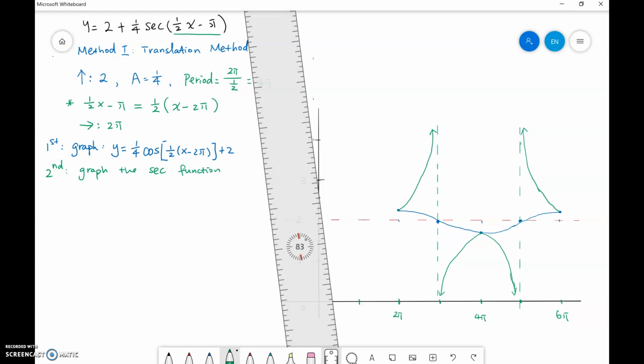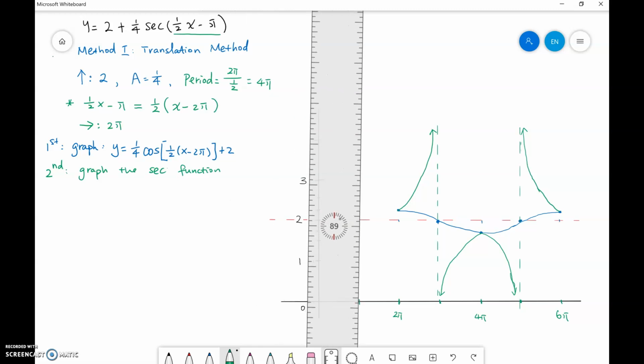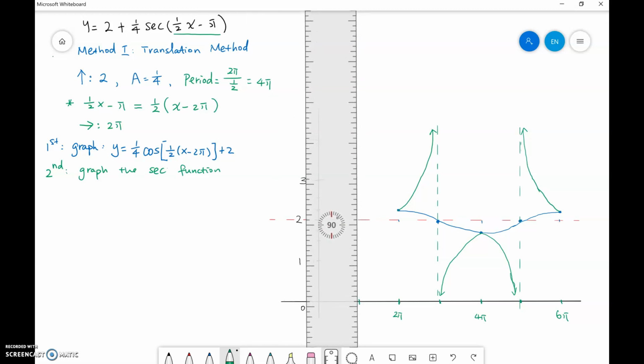So the green one is one period of the secant function, the corresponding secant function. If you want to continue, normally I'm not going to ask you.